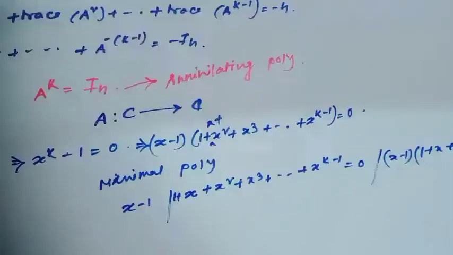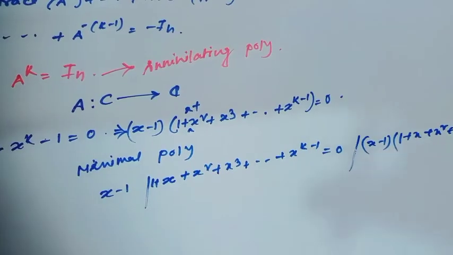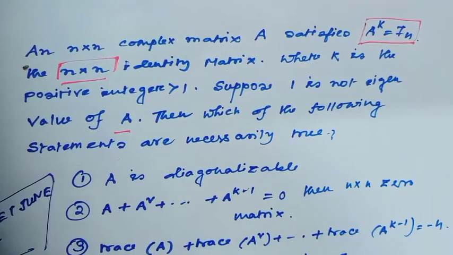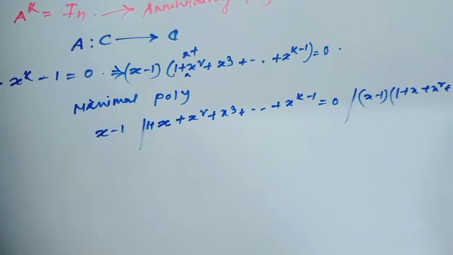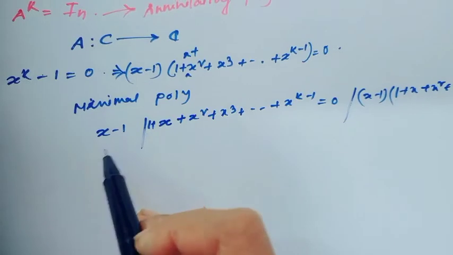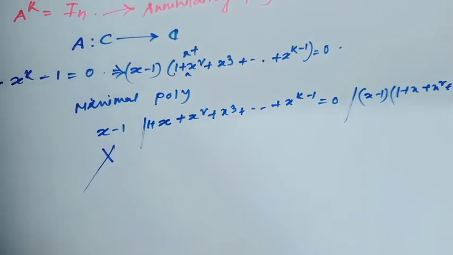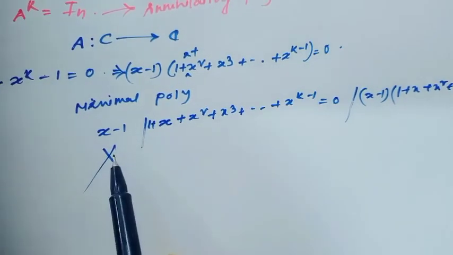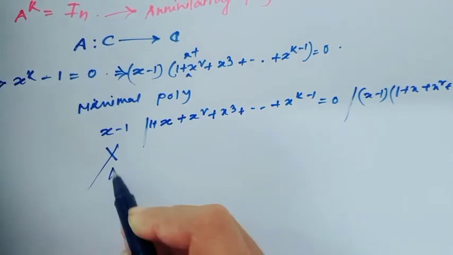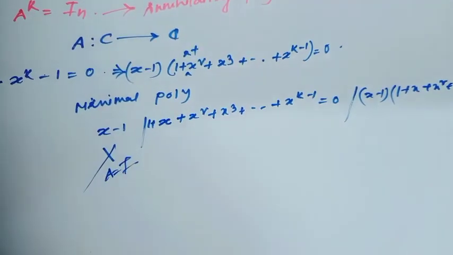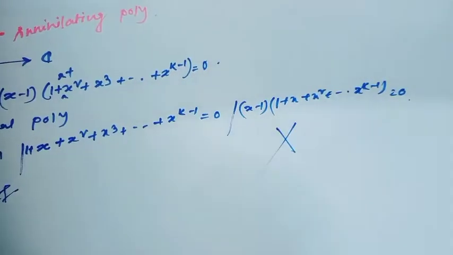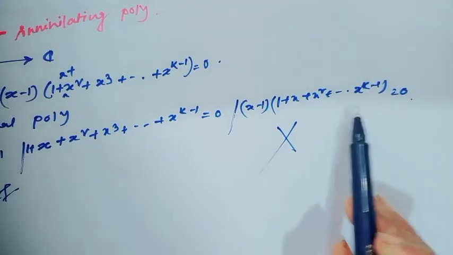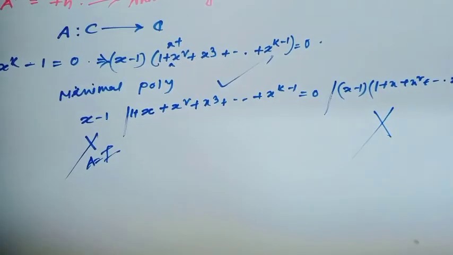But it is given in the question that 1 is not an eigenvalue of the matrix A. All of us know the root of the minimal polynomial is an eigenvalue of the matrix. So we cannot take x minus 1, because if the minimal polynomial is x minus 1, that means A equal to identity, so 1 would be an eigenvalue of the matrix A. Similarly, we cannot take this also, because this implies 1 is an eigenvalue. That means the only possibility is this.